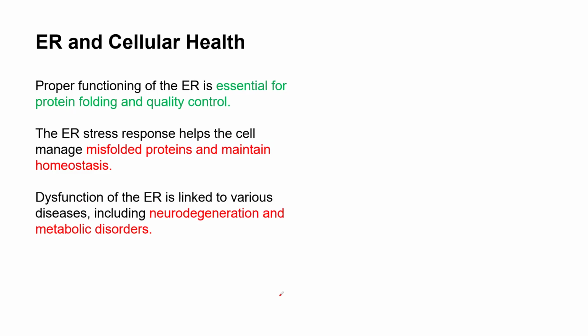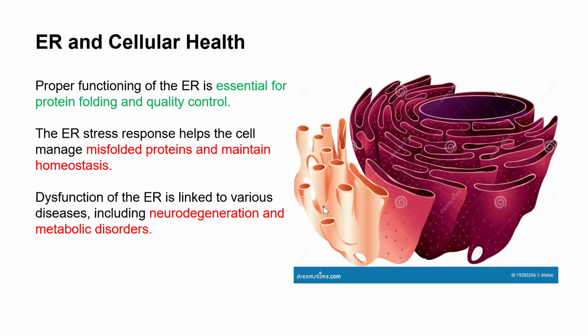And then the dysfunction of the ER is linked to various diseases, including neurodegeneration and metabolic disorders. So when there is a failure of the endoplasmic reticulum, it can lead to neurodegeneration as well as metabolic disorders. These are some of the consequences associated with the endoplasmic reticulum.